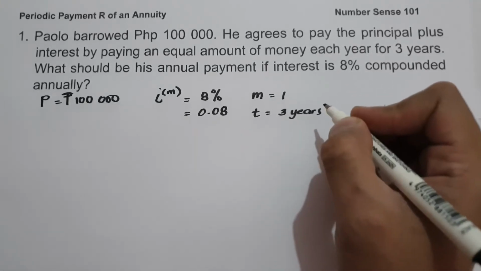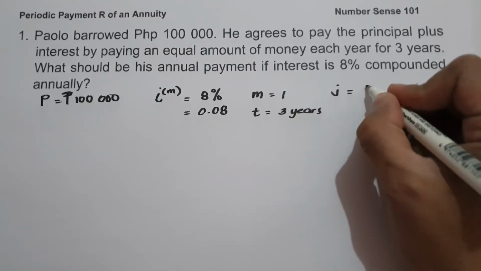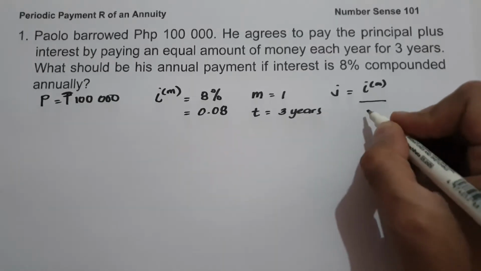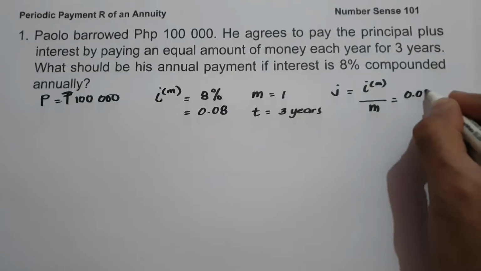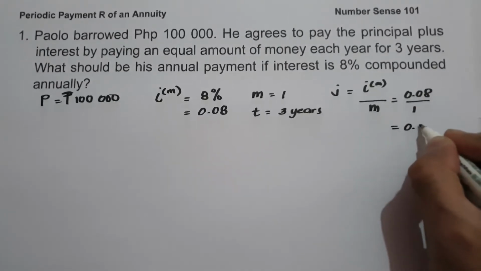To solve for interest rate per period, we are going to use the formula J equals the annual rate divided by the number of conversion periods per year, that is m. So let us have 0.08 divided by 1, it will give us 0.08.